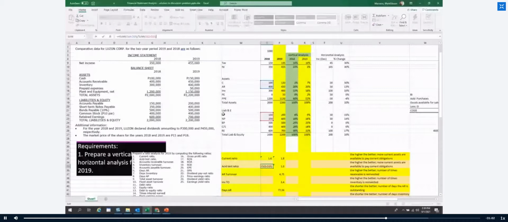So meaning you can easily convert it to cash and settle your short term liabilities or current liabilities.